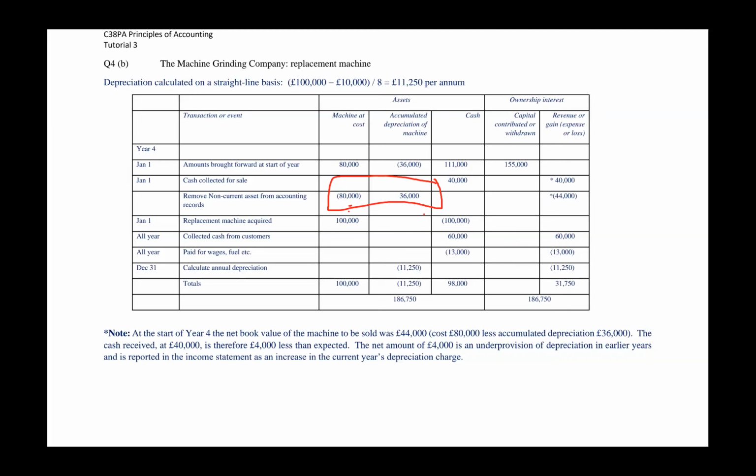One thing that we need to understand is that this asset, okay, there is a note. Let me just read the note for you. At the start of year 4, the net book value of the machine to be sold was 44,000.